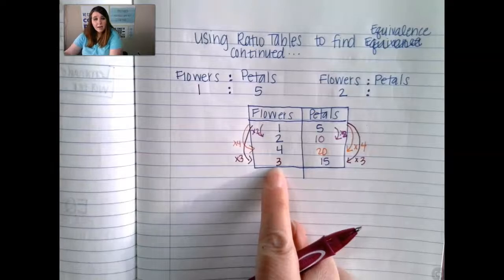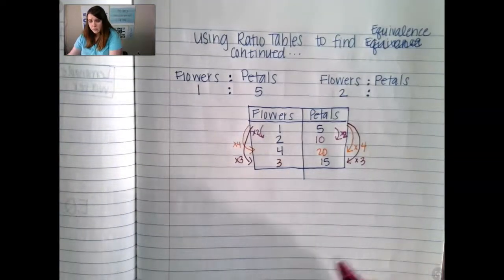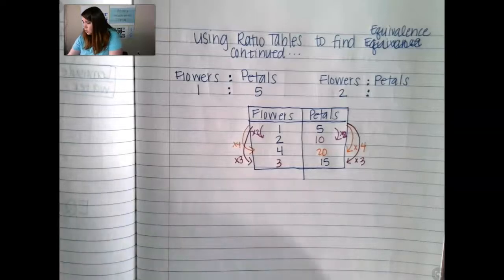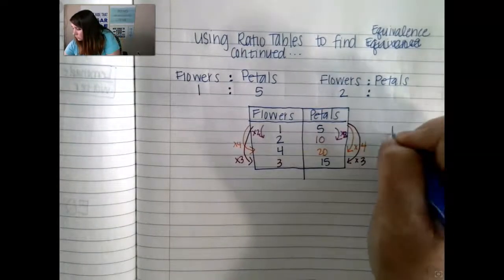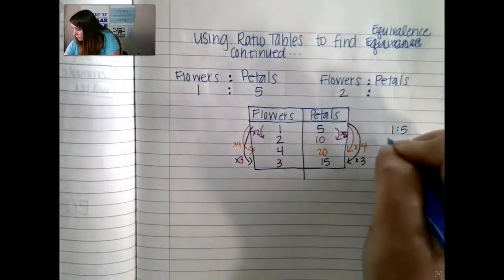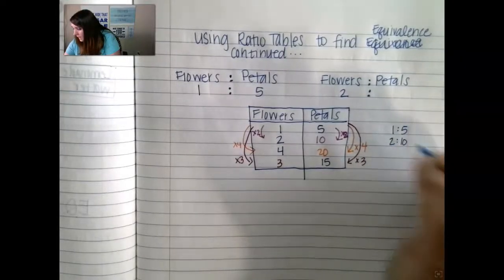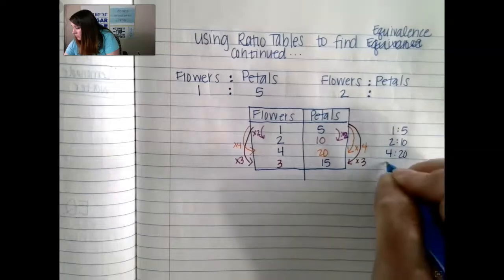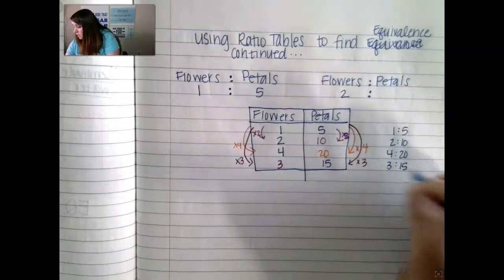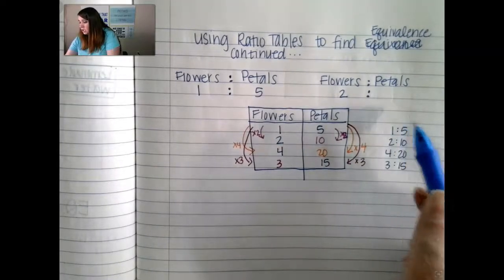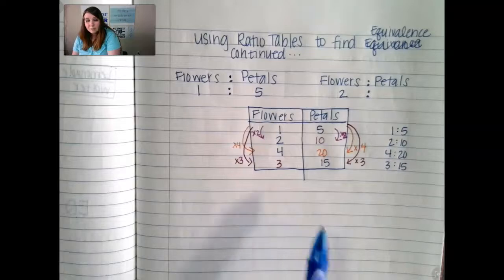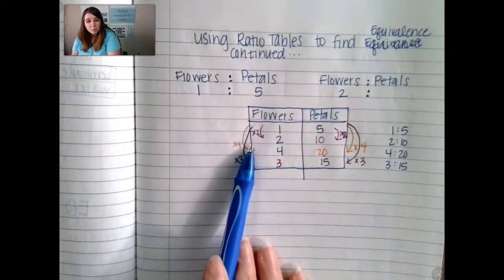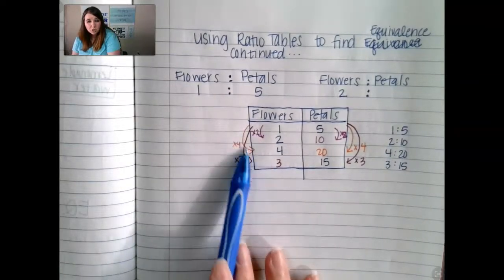Now when I write my ratios, I would just take them straight out of this box right here. So the ratios are 1 to 5, 2 to 10, 4 to 20, and 3 to 15. All of these ratios are equivalent because we use the same multiplier to get from one to the next.